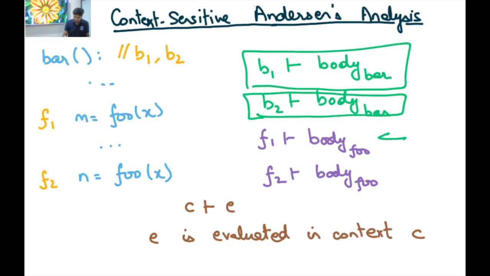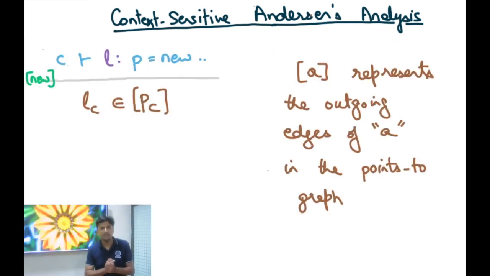Similarly, body foo is being analyzed in context F1, and body foo is being analyzed in context F2. In general, if I write C turnstile E, I'm saying E is being evaluated or analyzed in context C.